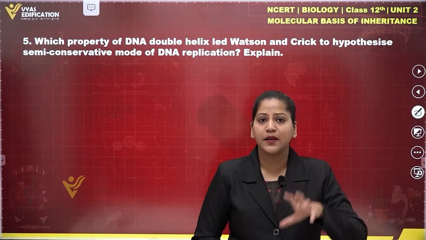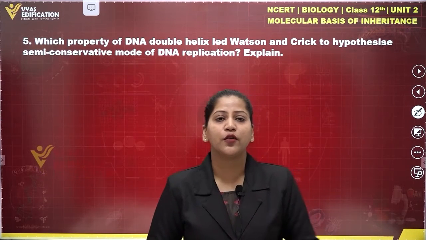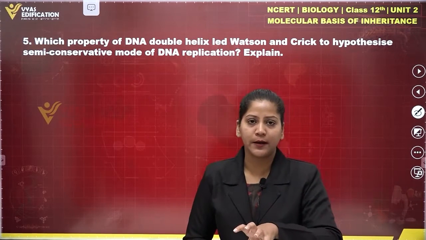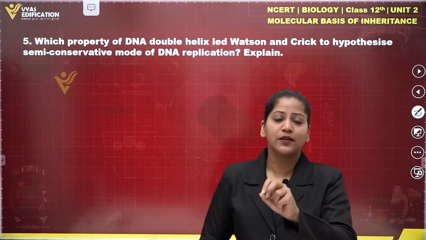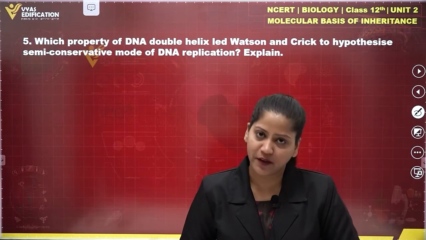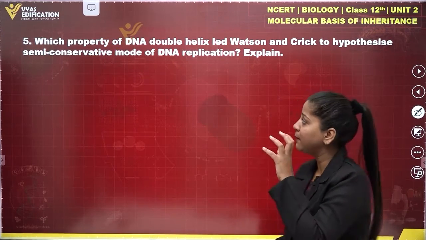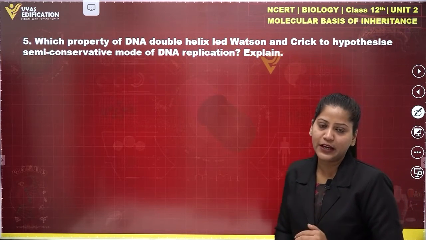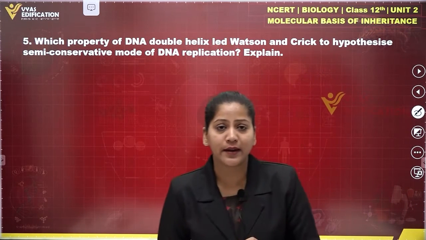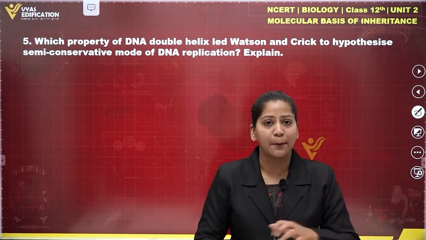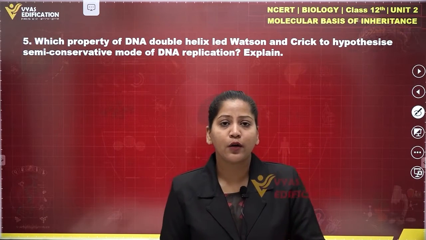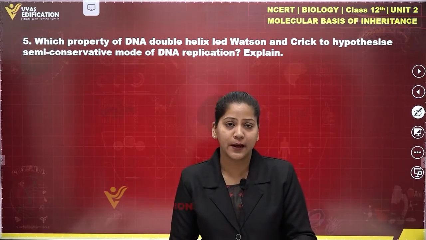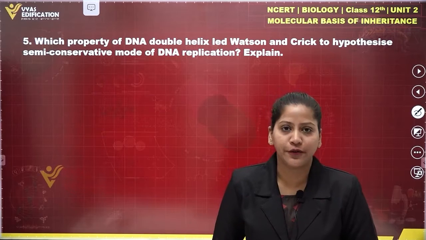Now, this anti-parallel arrangement of two strands of DNA allows hydrogen bonding between the amine and carbonyl groups of the complementary base pairs. This led them to hypothesize the semi-conservative mode of replication, wherein the two strands of DNA first separate from each other, followed by copying of both the strands of DNA to form two molecules of DNA.